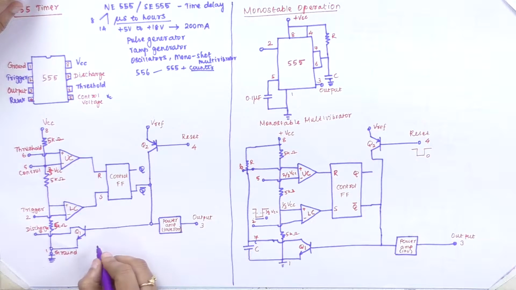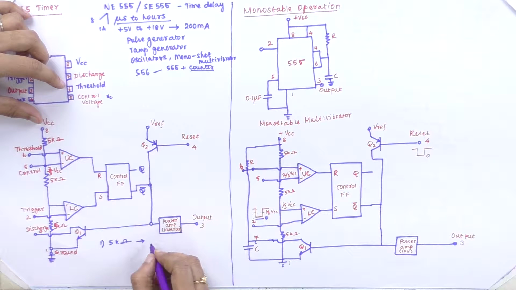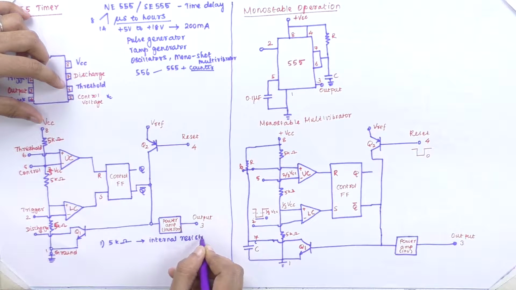These three 5 kilo ohm resistors are used as internal resistors and act as a voltage divider, which provides the bias voltages of 2/3 VCC and 1/3 VCC.